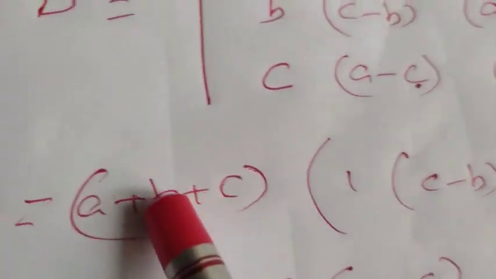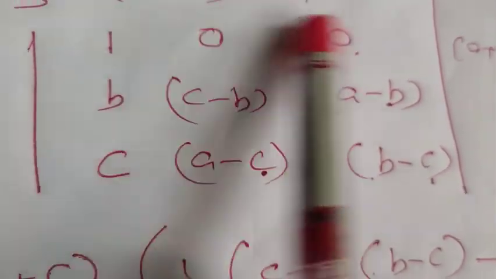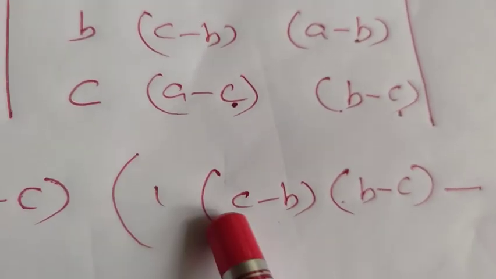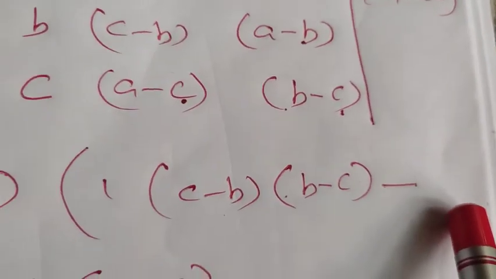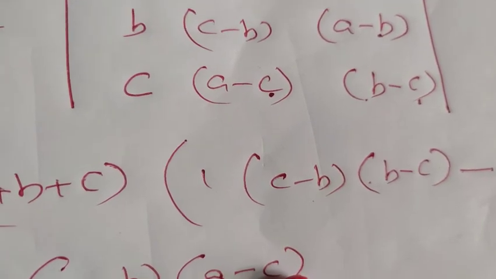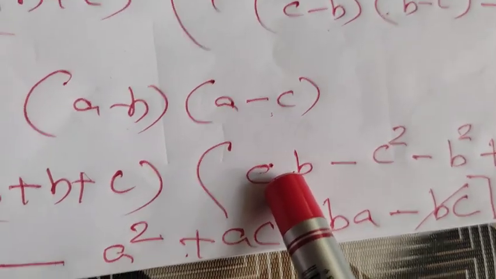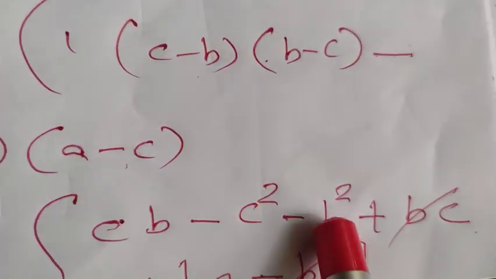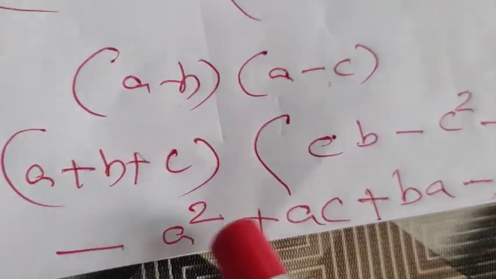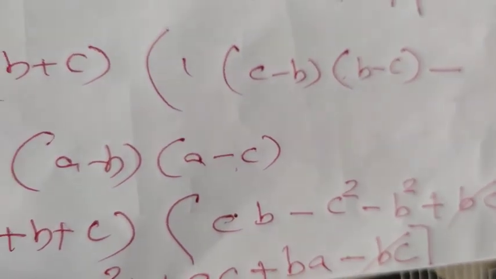So this is again equal to a plus b plus c into 1 into, you can eliminate these two, and multiply this minus this: c minus b into b minus c minus a minus b into a minus c, which is again equal to a plus b plus c into expanding: cb minus c squared minus b squared plus bc minus a squared plus ac plus ba minus bc. bc and bc will cancel and we get like this.